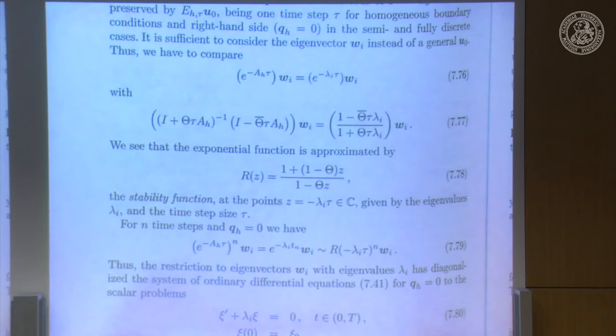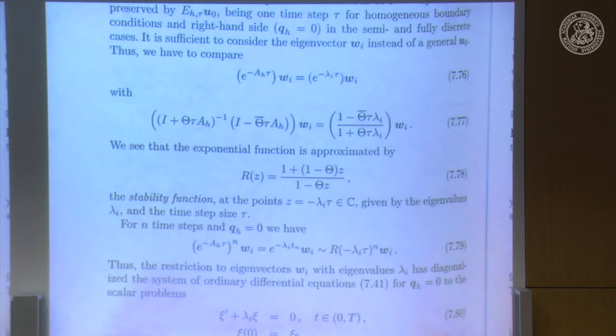Now in the new variables defined by the eigenvector basis, we have an independent sequence of scalar ordinary differential equations, each of which looks like this, only being determined by the one eigenvalue. And here we see again, depending on the sign of this eigenvalue, we have a strongly decreasing component or a strongly exploding component, and so on.